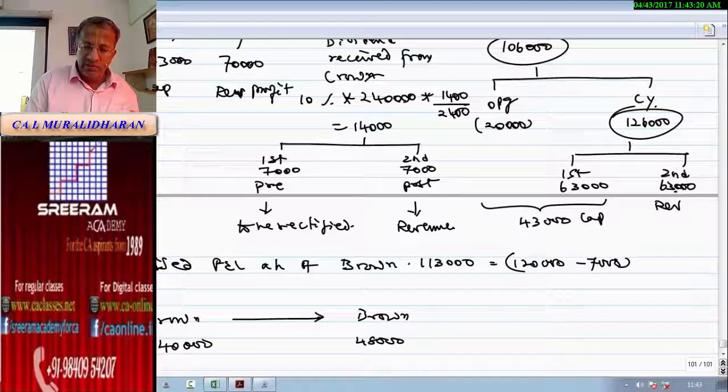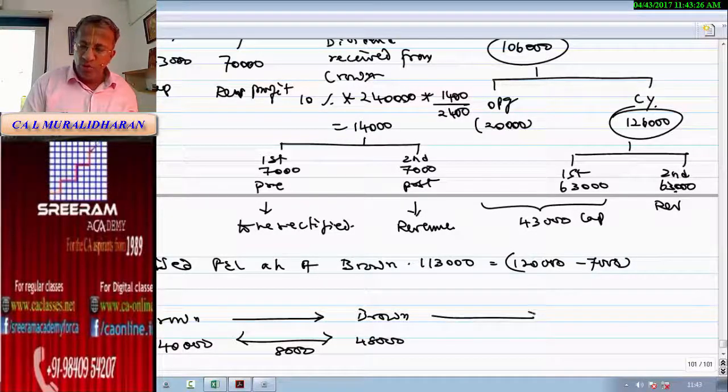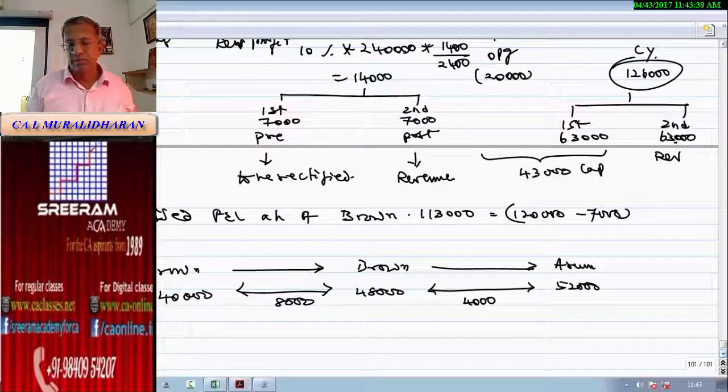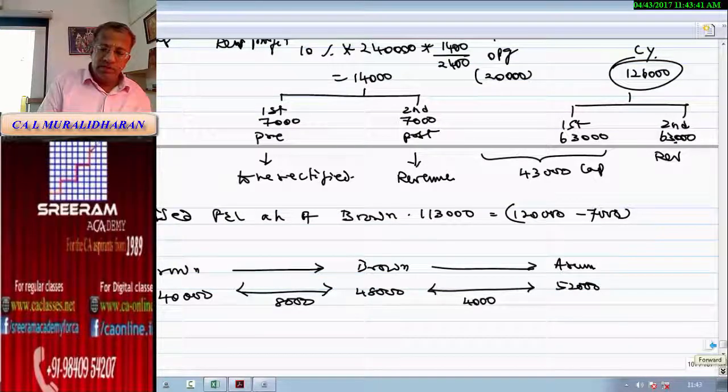That resulted in the difference between the two of 8,000, from Brown to Arun. 52,000. So 4,000. So the entire thing we will put out as upstream.